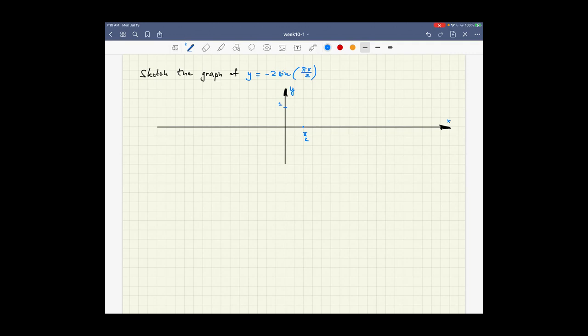Then the graph of sine is easy to draw. And likewise to the left.